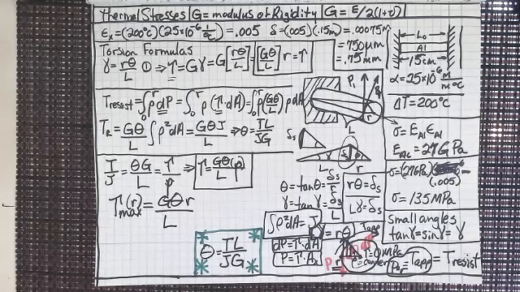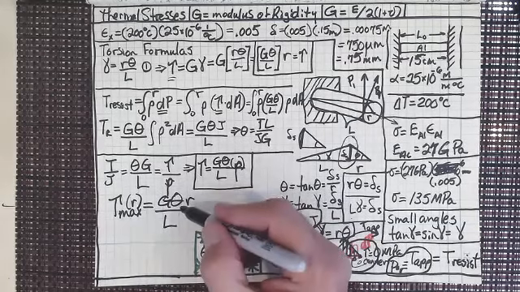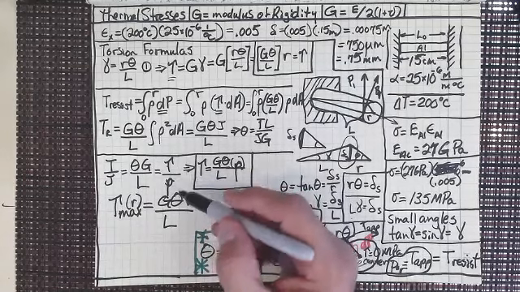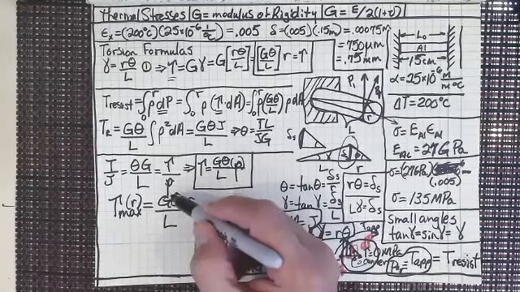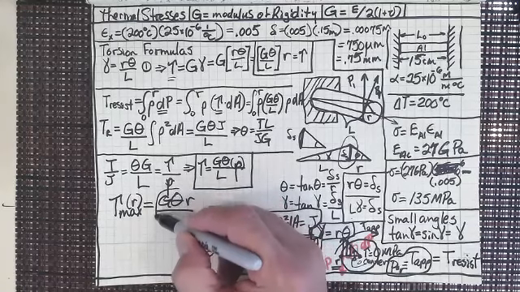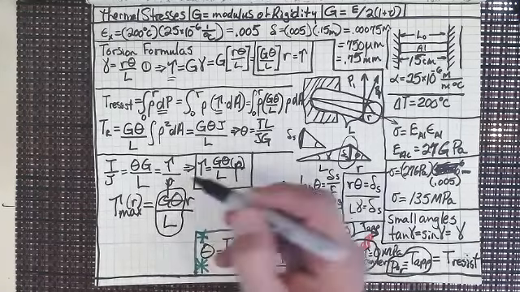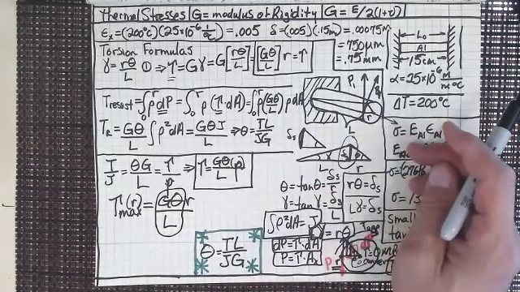Now, if I were to replace G, theta, and L, we've seen that before. G theta over L. Where have I seen G theta over L before?